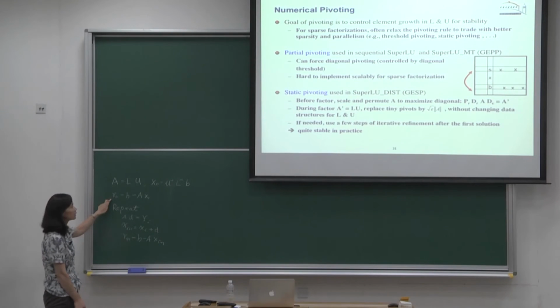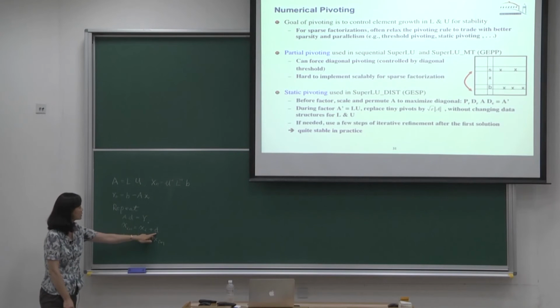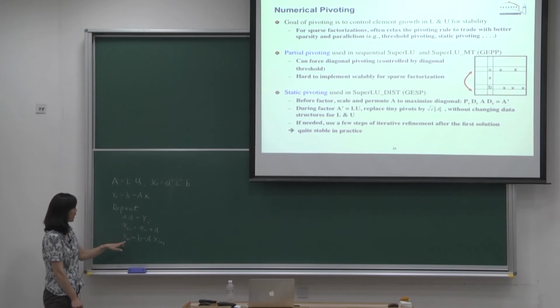Maybe in the beginning it's a little large. So then you repeat this correction to correct your solution. You solve a little correction term using your residual, and then add this into your solution, which becomes more accurate. And then to prepare for the next iteration, compute another residual to run through this. That's the iterative refinement process.